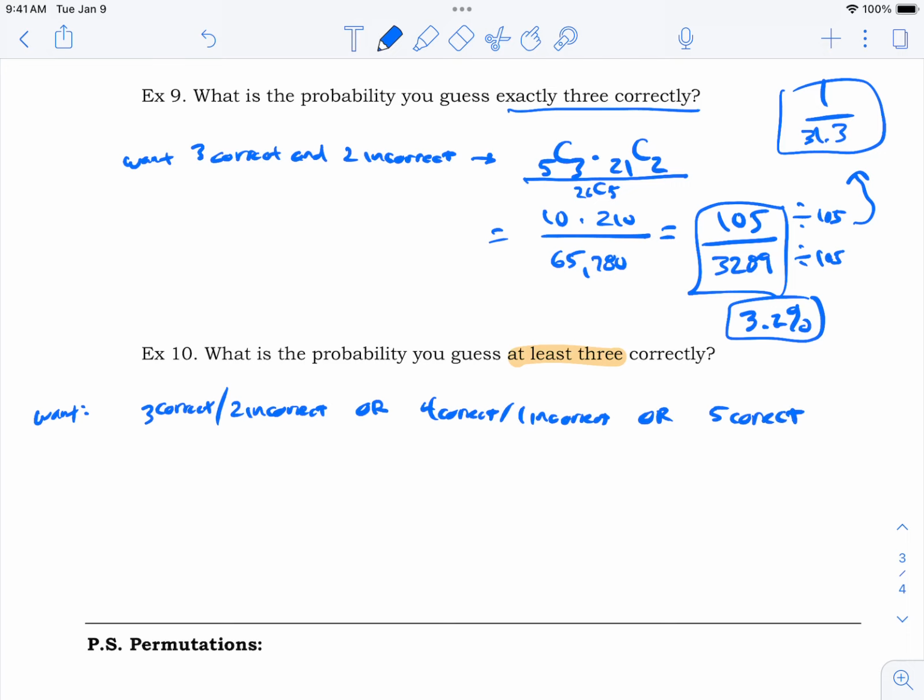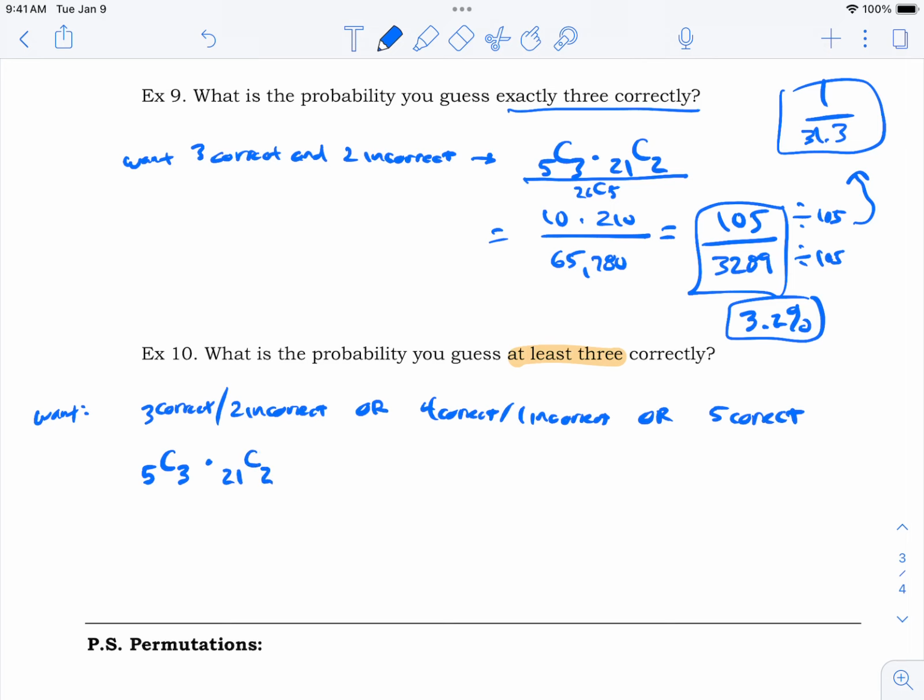You can add up all of those possibilities, and that's how many chances you have of guessing at least 3 correctly. Now, to get 3 correct, remember there's 5 letters that he threw. You'd have to choose 3 of those. And 2 incorrect. So out of the 21 remaining letters, you'd have to choose 2 of those.